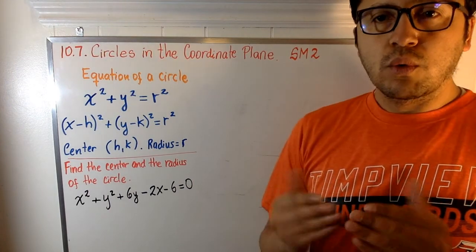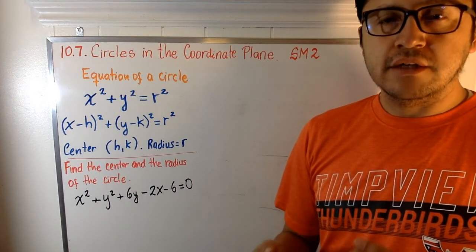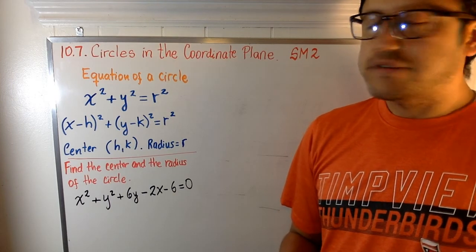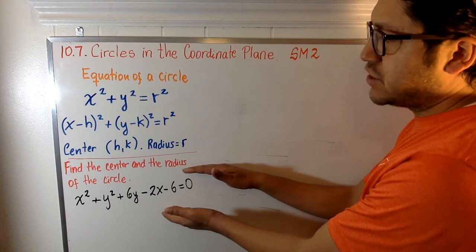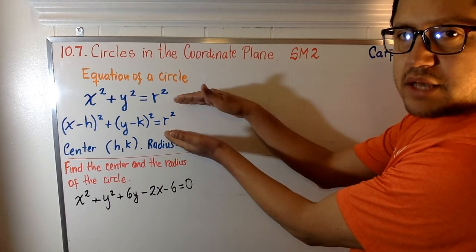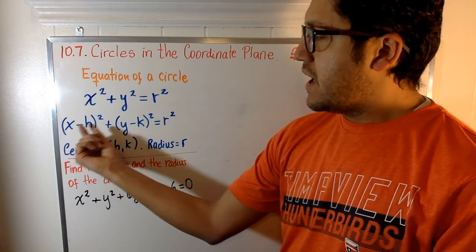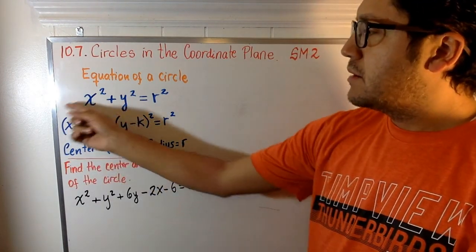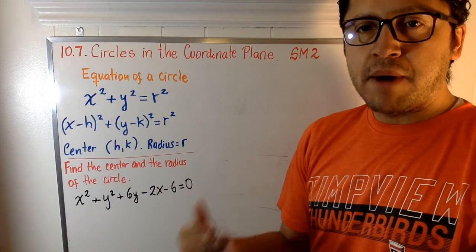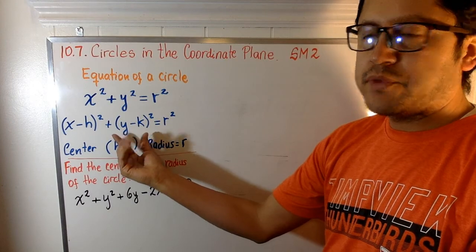So what we want to do if we need to find the center and the radius of a circle is to try to convert this expression into the standard form, which means that x has to be accompanied by a given value, presented as a binomial squared, and the same thing happens with y.